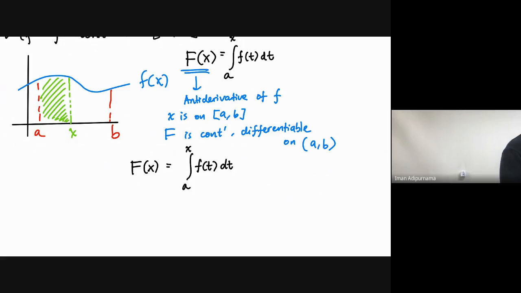If that is true, then if I differentiate the big F, which means I'm finding the first derivative of this integral, the conclusion is just f of x.